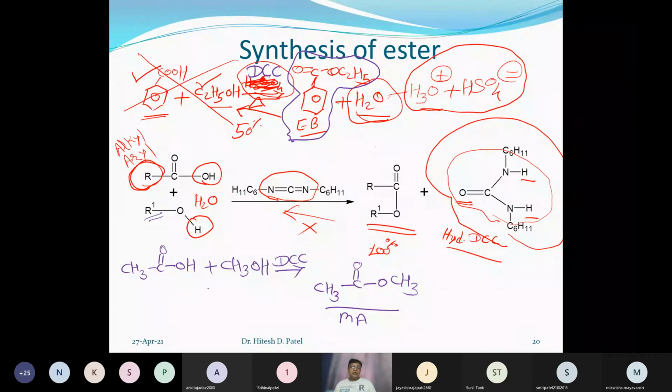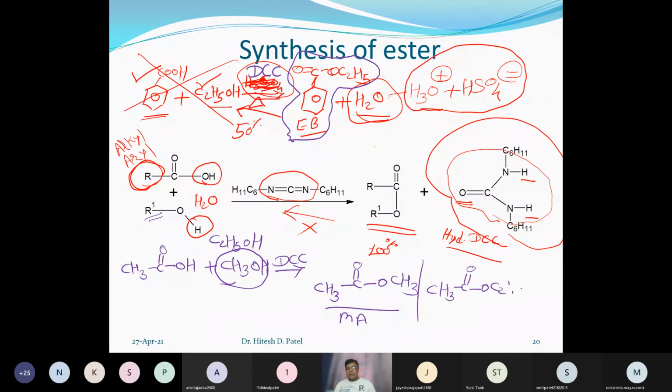Now instead of methanol, CH3OH, if we take C2H5OH, then we will get CH3 C double bond O O C2H5, which is ethyl acetate.